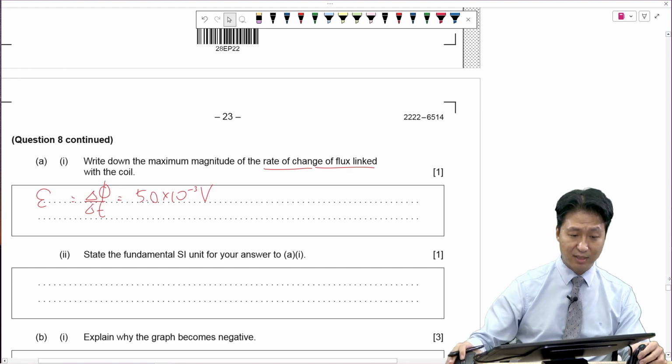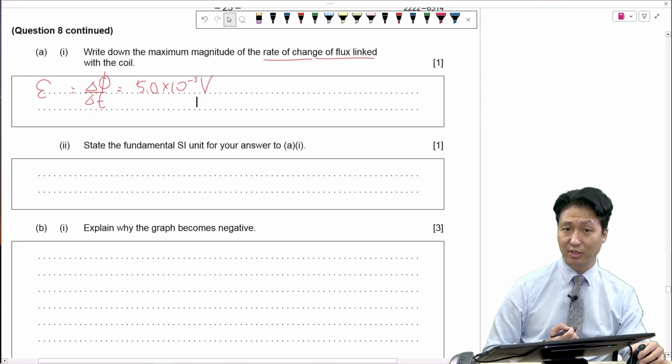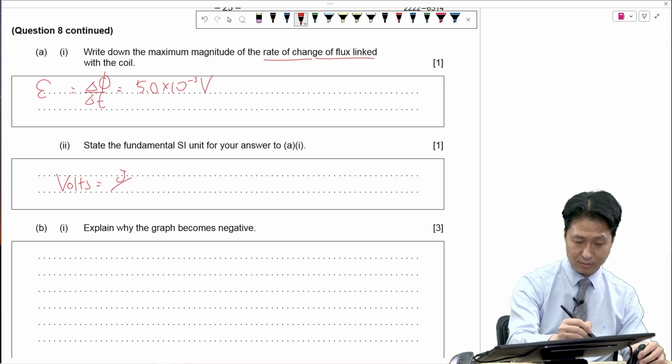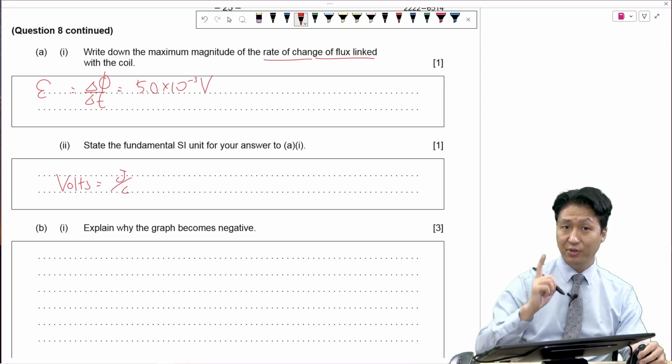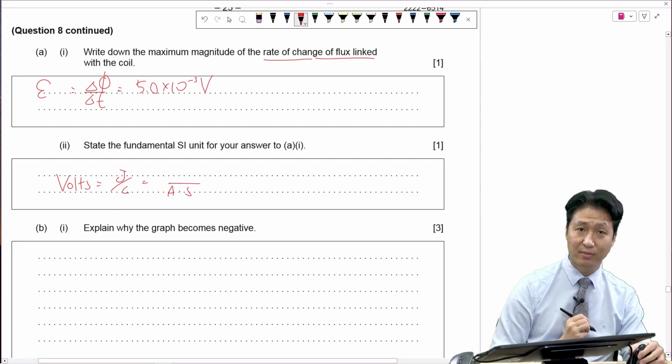Part 2 says, state the fundamental units for your answer in A. Well, the units were volts, but it's not the fundamental SI units. This is equivalent to joules per coulomb. Coulombs are not fundamental. Amperes are the fundamental units, which is amperes times seconds is equal to coulombs.